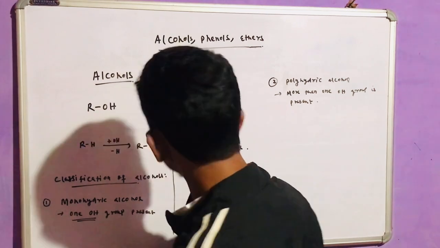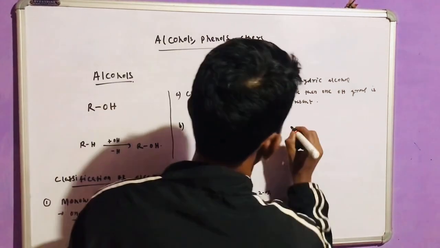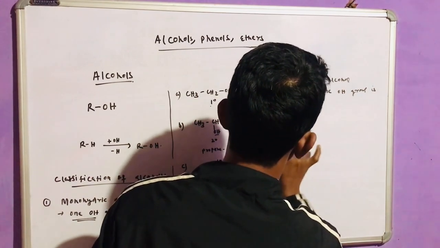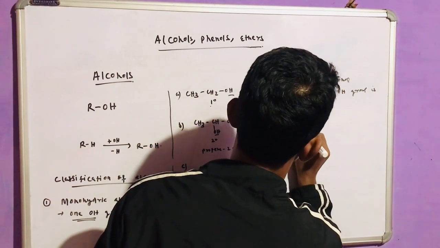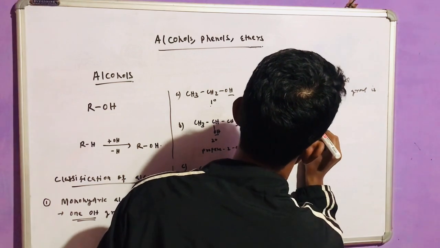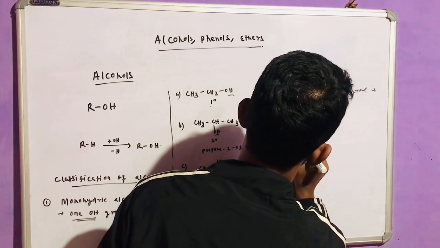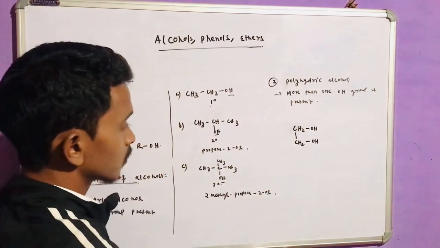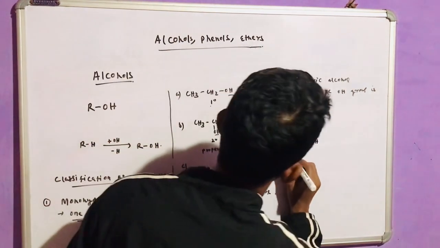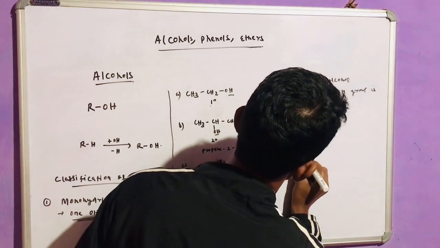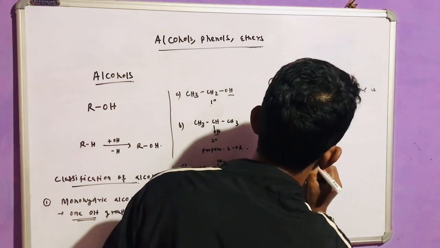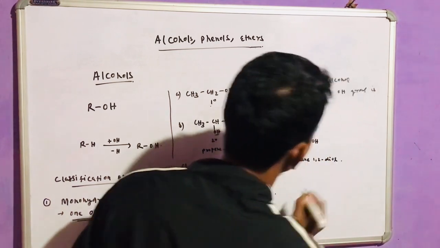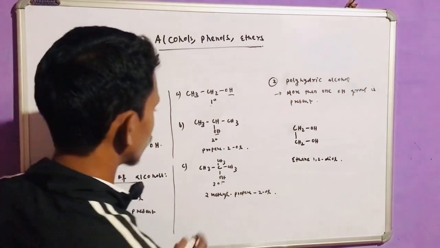Let's say CH2OH, CH2OH. Here this is ethane-1,2-diol, which means 2 OH groups are present.